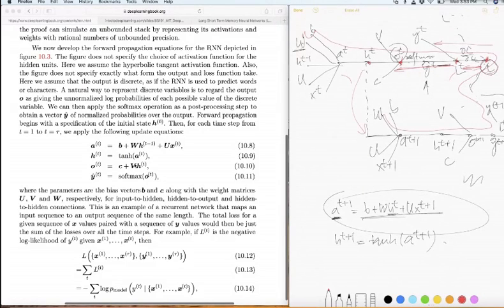That's why the derivative of L with respect to H tau is going to be different than the derivative of L with respect to H tau minus 1 or tau minus 2. Since tau is the final timestamp and there is no future timestamp, it has an easier derivative.